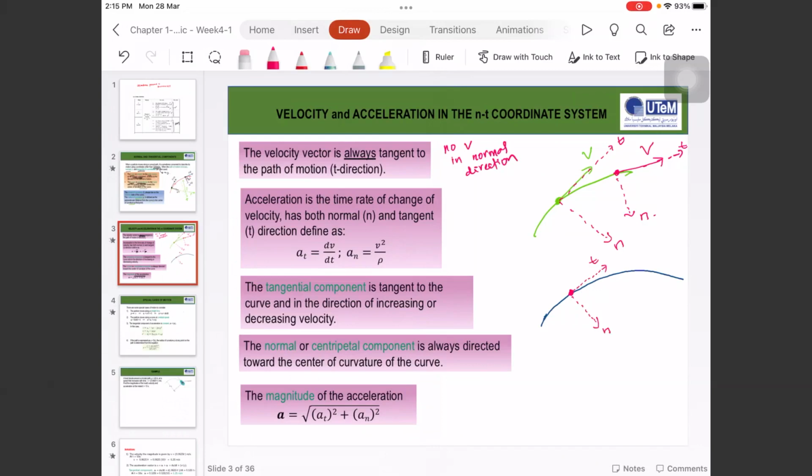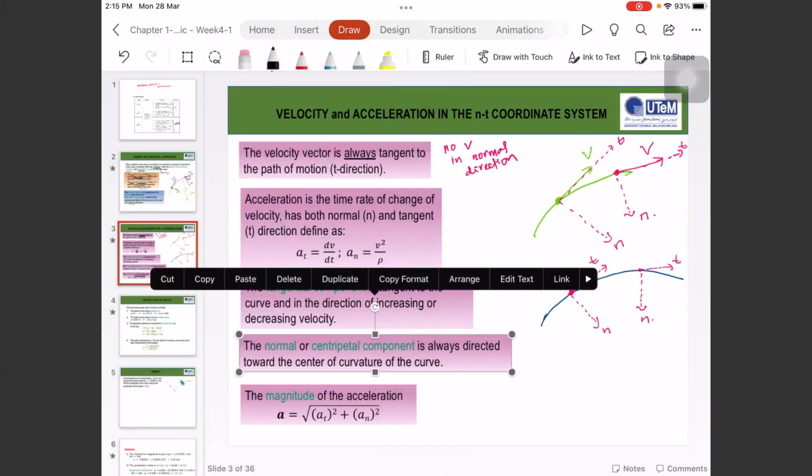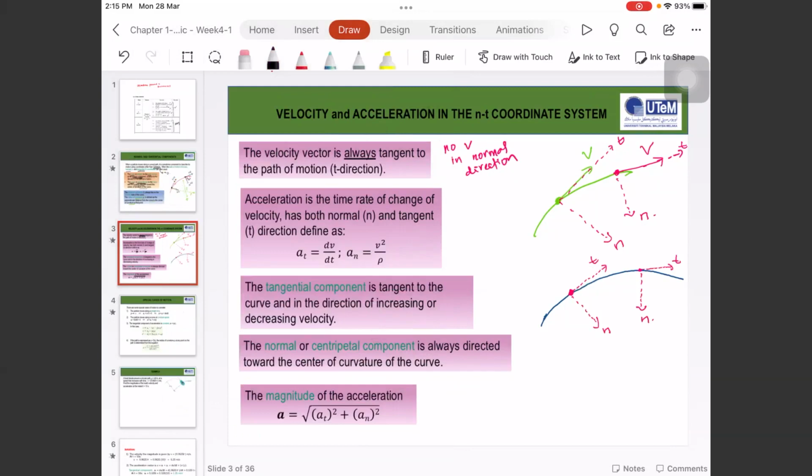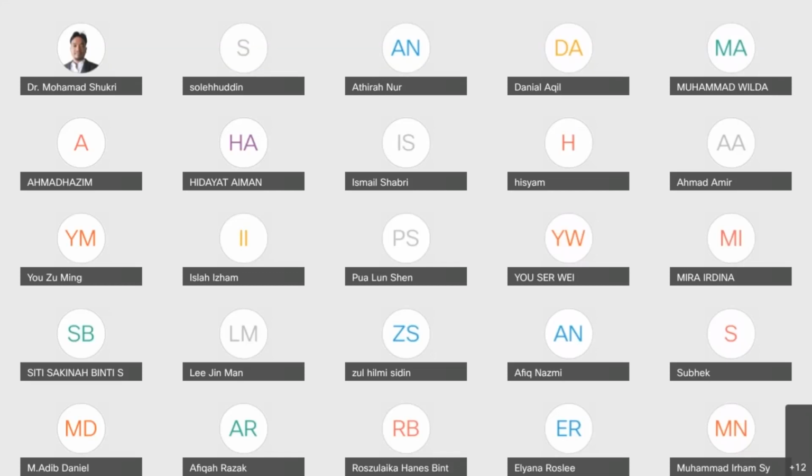At this location, you have tangent and then you have normal. So for the acceleration you have both. You have A, we call it A tangent.